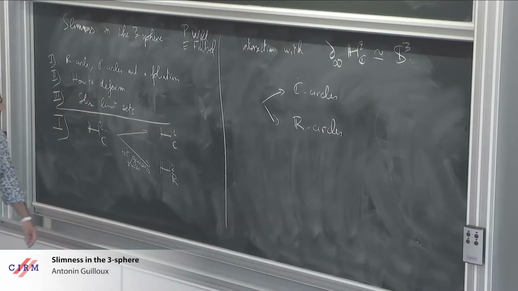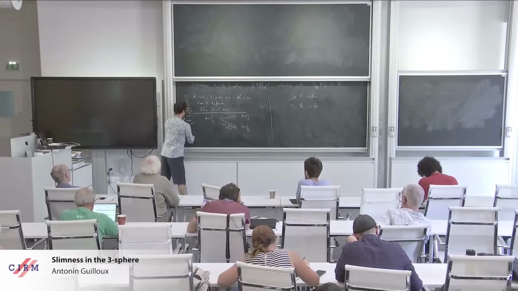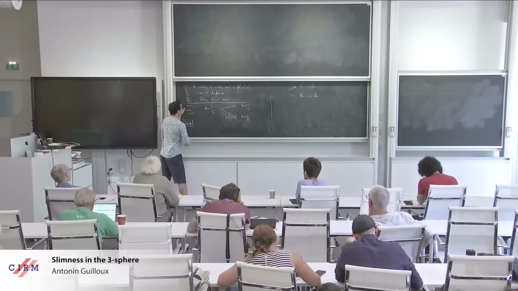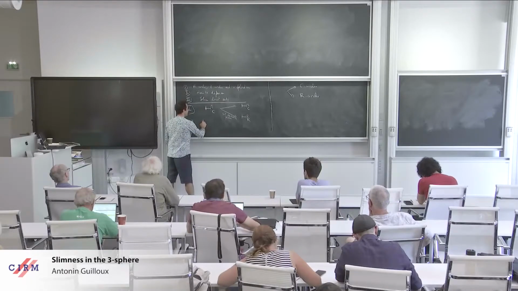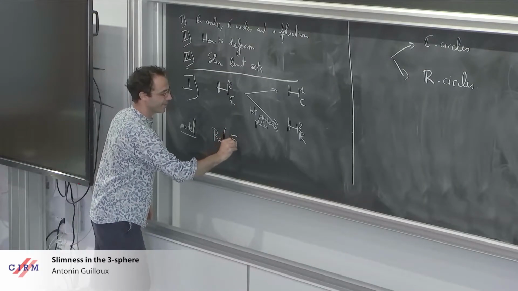So in order to do a picture, I have to take a model, and I will take the model where the 2,1 Hermitian form is given by this formula.